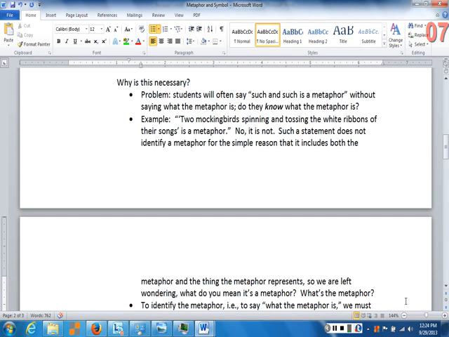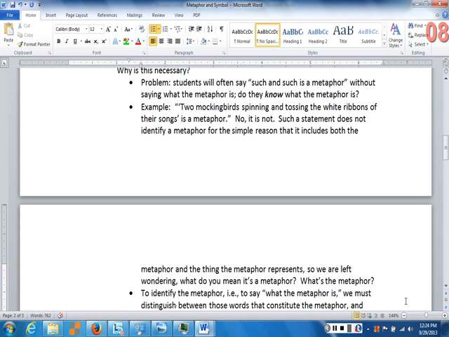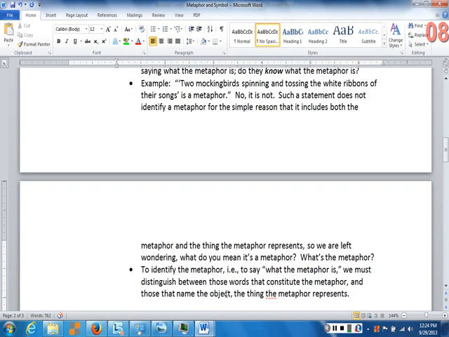So we wonder, okay, so-and-so is saying this is metaphorical, but what's the metaphor? We are not being told. So, to identify a metaphor, we need to say what the metaphor is, okay? In order to do that, we must distinguish. We must distinguish. Let's bold that.